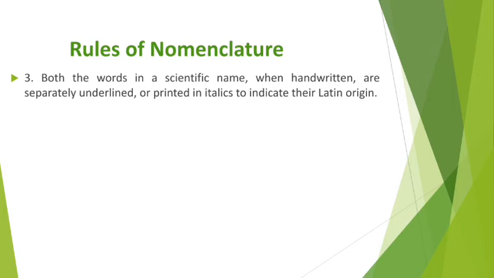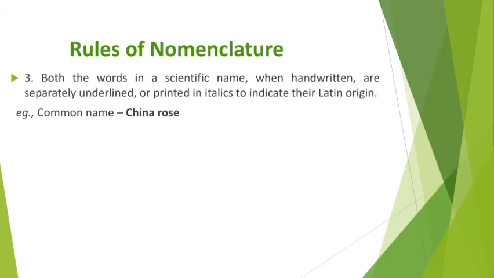So when you write by hand, both the terms, that is genus and species, you should underline separately, or print in italics. Whenever you find any scientific name in any book or in this video, you will find that they are written in italics. So when printed in italics, this denotes their Latin origin, that they are in Latin language.